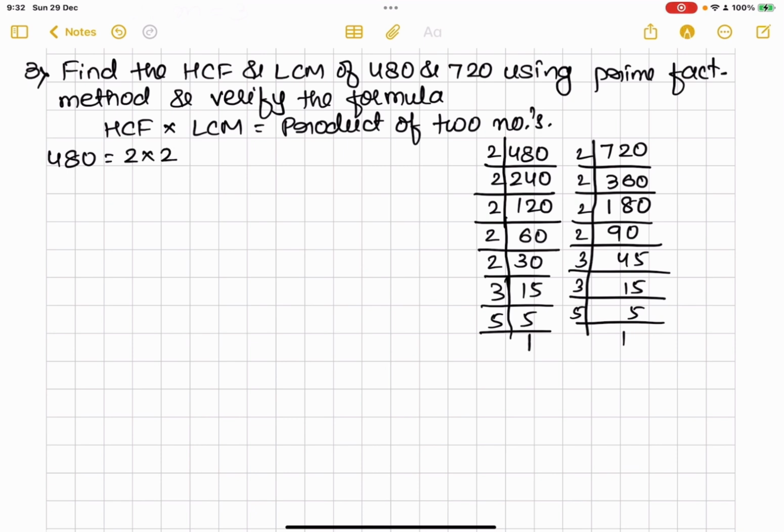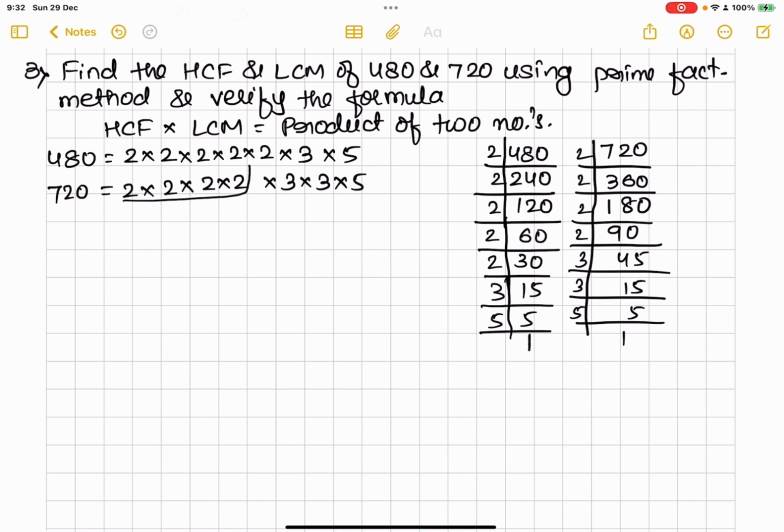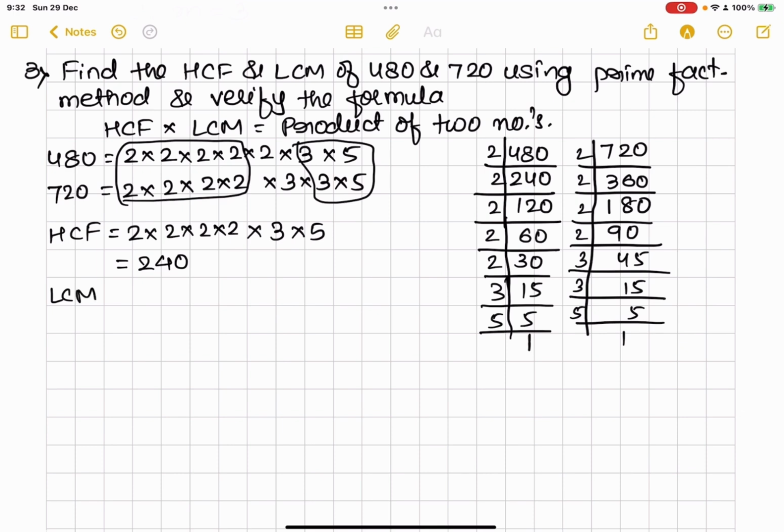So I can say 480 equals 2 to the power 5 times 3 times 5, and 720 will be equal to 4 twos, 2 threes and 1 five. If you see carefully, 4 twos are common and one 3 and one 5 are common. So I can say HCF equals 2 into 2 into 2 into 2 into 3 into 5. So that will be 240.